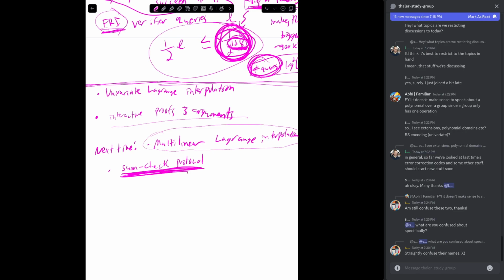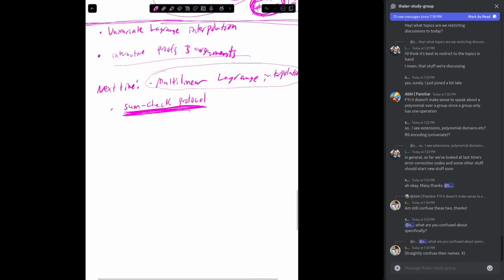Okay, so let's talk about univariate Lagrange interpolation. We could describe this either from the perspective of error correcting codes, or just directly in terms of univariate polynomials. Let me start with univariate polynomials.